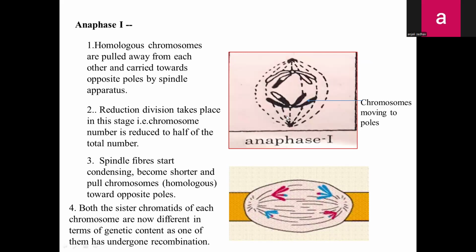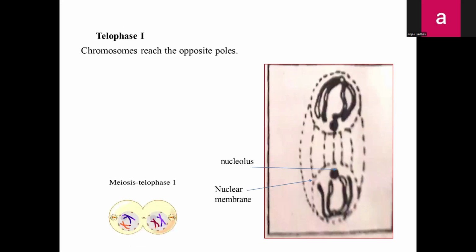Spindle fibers start condensing, become shorter, and pull chromosomes towards the opposite pole. Both sister chromatids of each chromosome are now different in terms of genetic content, देखो, as one of them has undergone recombination.